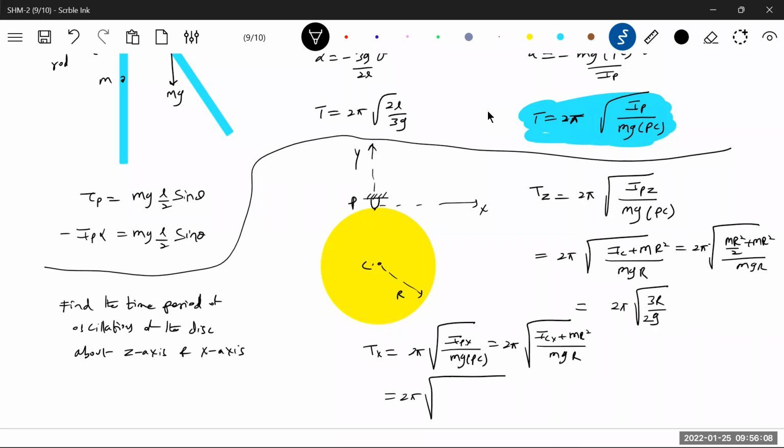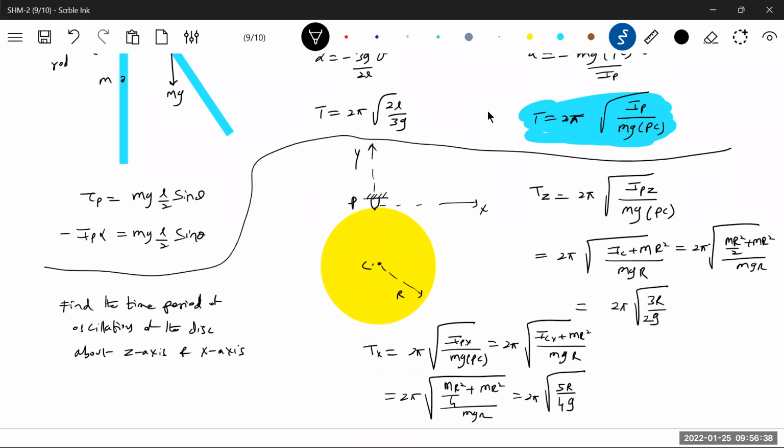What is Icx? Moment of inertia of the disk about a diameter. This one should be equal to mr square by 4, plus m into this one, about any diameter, plus mr square. This will be 5R by 4g.